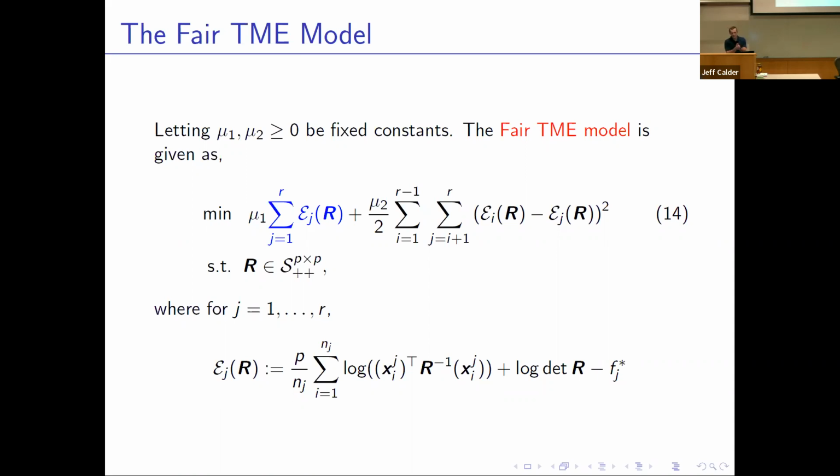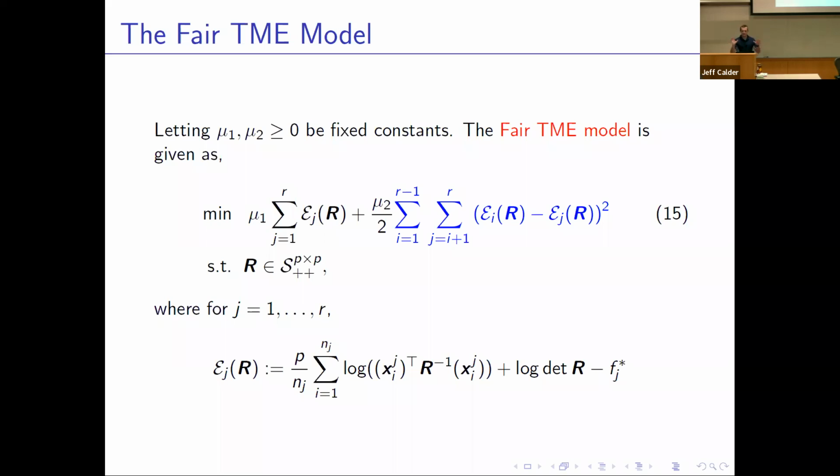If, say, E1 is small, close to 0, that means the first subgroup of the data set has a covariance matrix that's really close to the best it could have. The second term, though, is trying to work towards fairness, because if all of the TME errors were the same, this term would be 0, and that would correspond to them being perfectly fair.